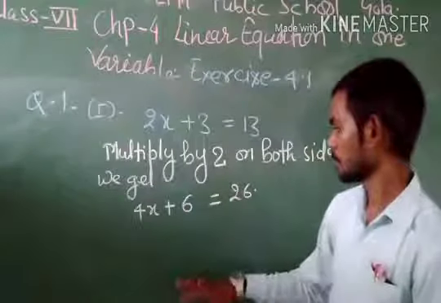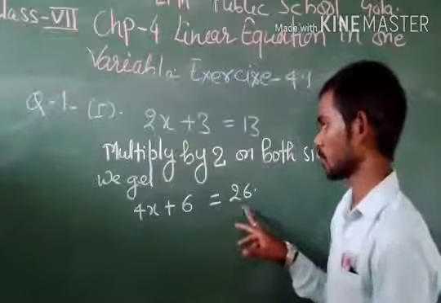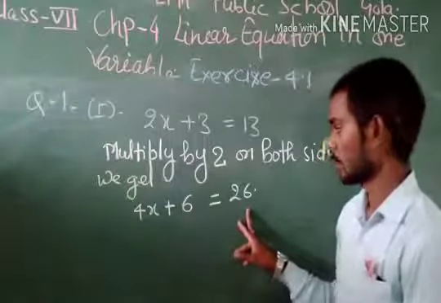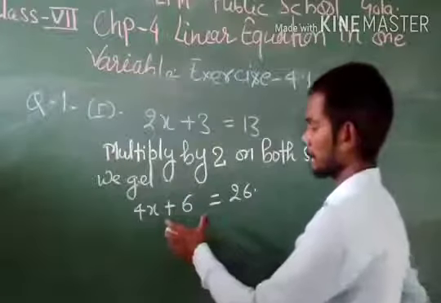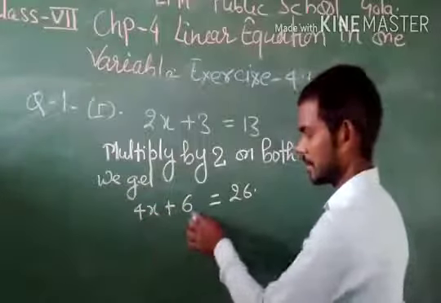Now our new equation becomes 4x plus 6 is equal to 26. Here we can see that the x contains 4 as well as 6.